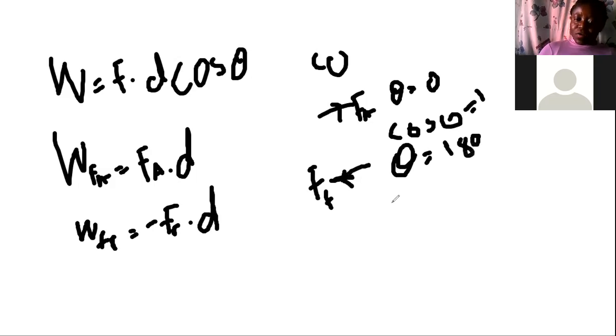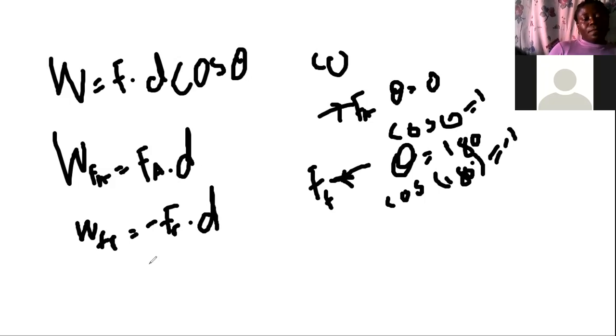So what is the cos of 180? The cos of 180 is equal to -1. So if we put this into that equation, the work done by the frictional force is equal to that one there.